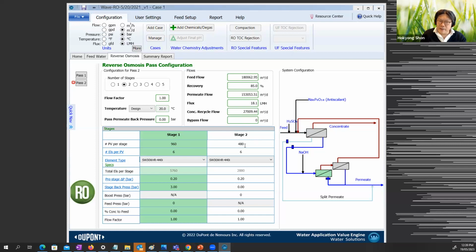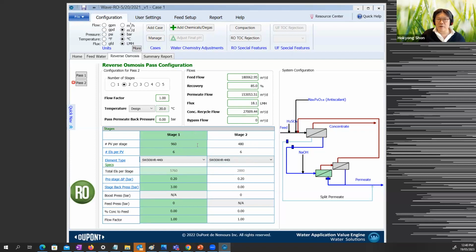And then his miscalculation of the pressure vessels shows the wrong stage 1 to 2 values to achieve the overall flux as well as the recovery. That's the reason why he may need to change his pressure vessels more.